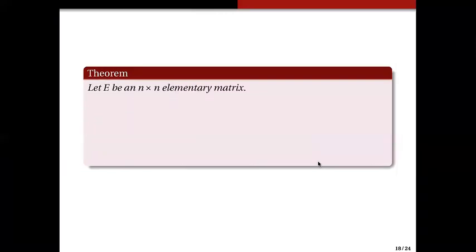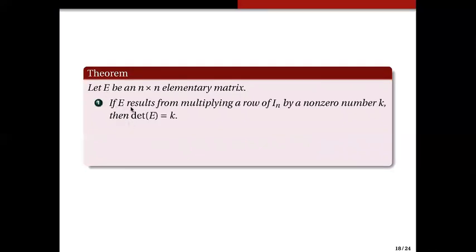Okay, if we now consider an elementary matrix E, what do we get? If E results from multiplying a row of In by a non-zero number K, then the determinant of E equals K. Since you started with In, you multiply K to a single row, you will take out that K, then multiply it to the determinant of In, but the determinant of the identity matrix is simply 1.